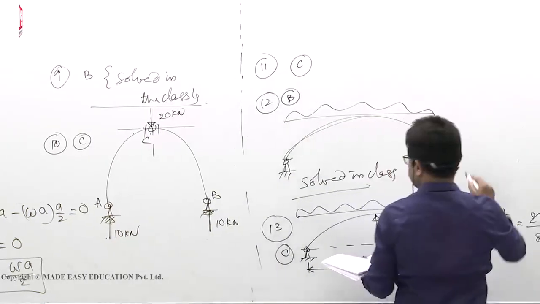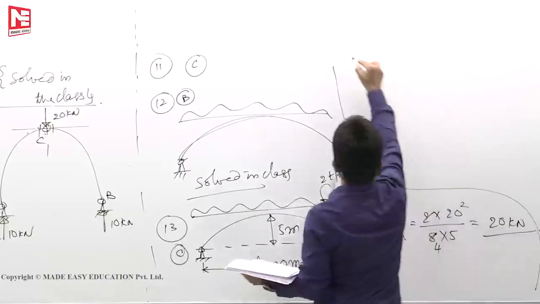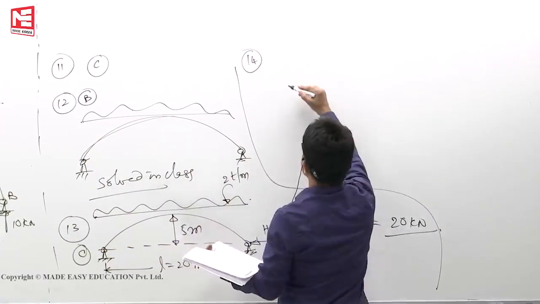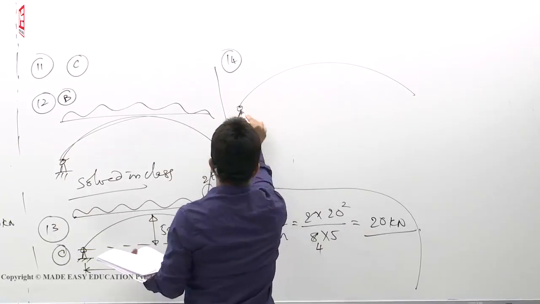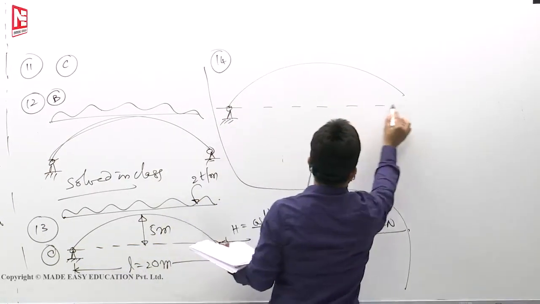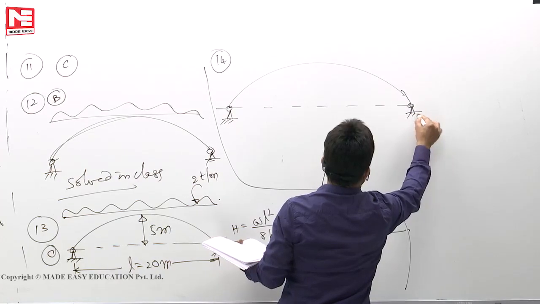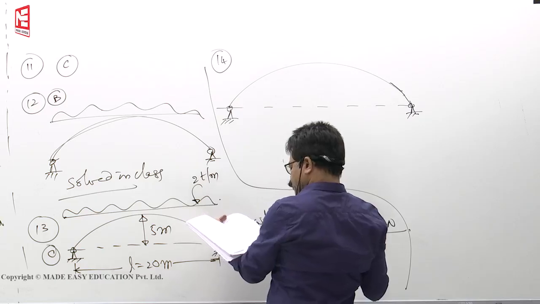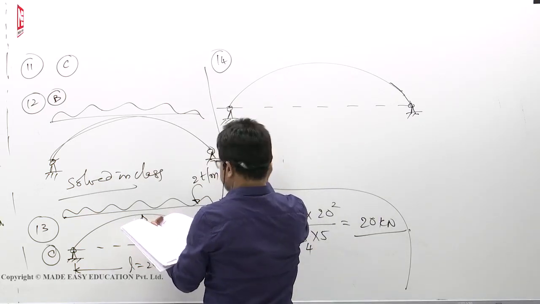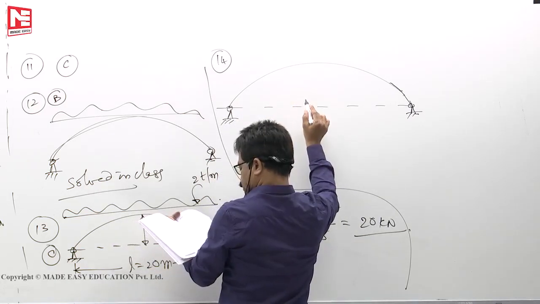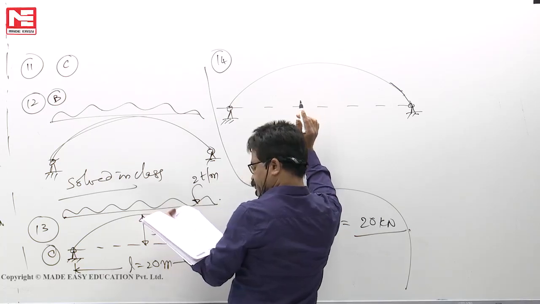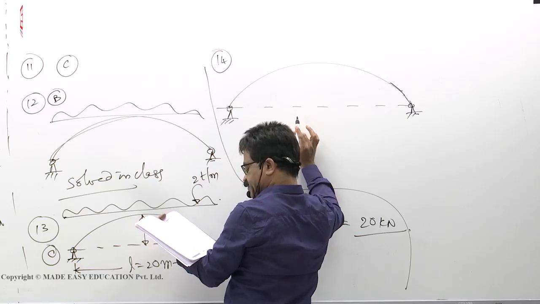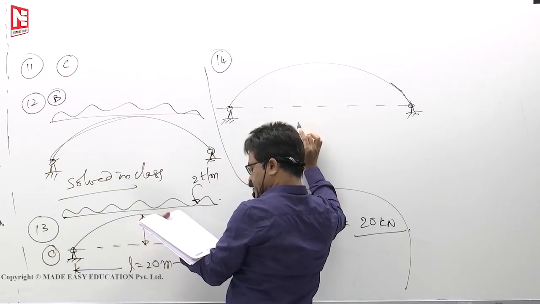Next, the 14th one. We have a 2-hinged parabolic arch. Vx is the sum of vertical forces on the left hand side of the section. H is the horizontal thrust.